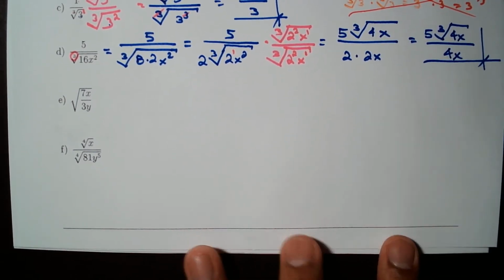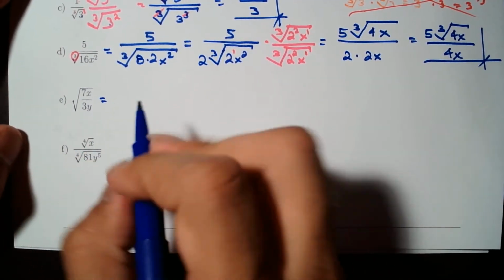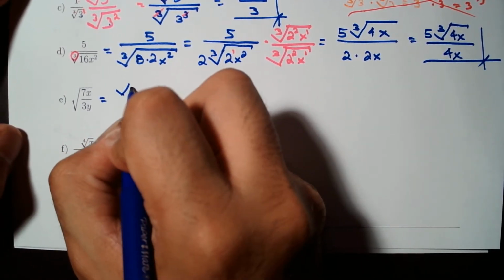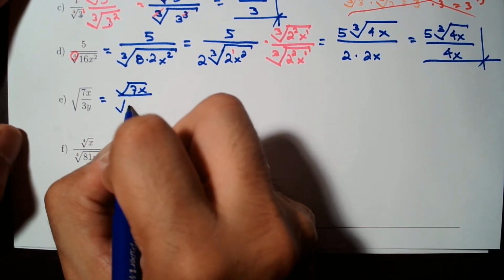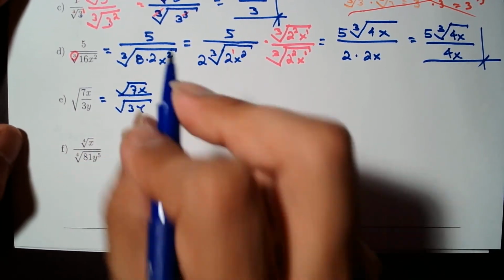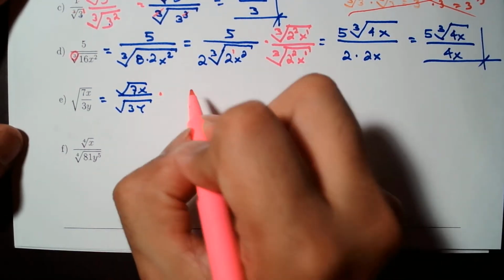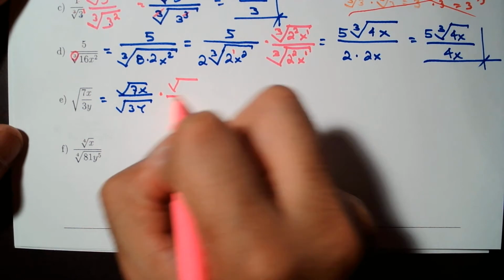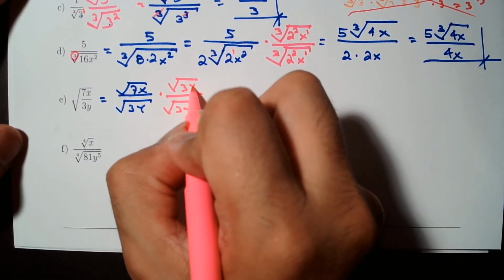Let's do another one that involves a big radical of a quotient. So what you want to do first in this case is write it as the quotient of 2 radicals. And then just take it from here. In this case, this is just a square root, 3y and 3y.